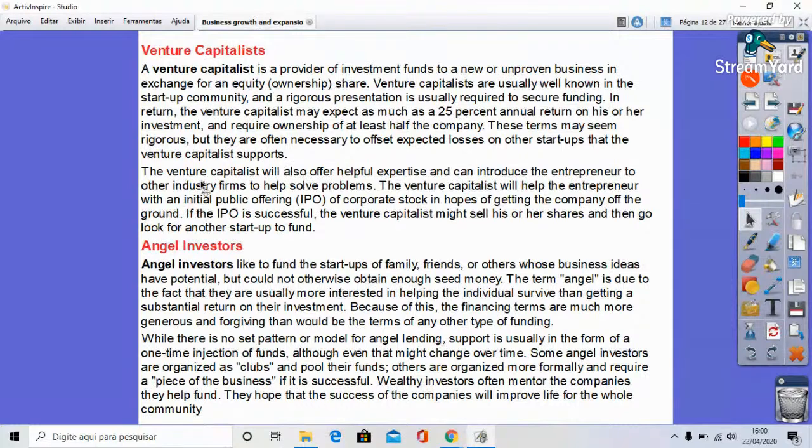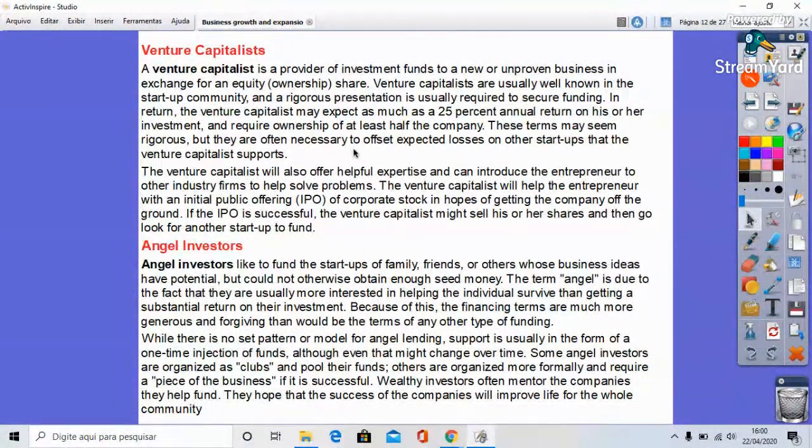The venture capitalist will also offer helpful expertise. If I have an idea and I want to start a company, they will come and help me with the capital. They will have ownership, but they can also help me with expertise, and they can introduce me to other entrepreneurs in the industry to help me solve the problems.